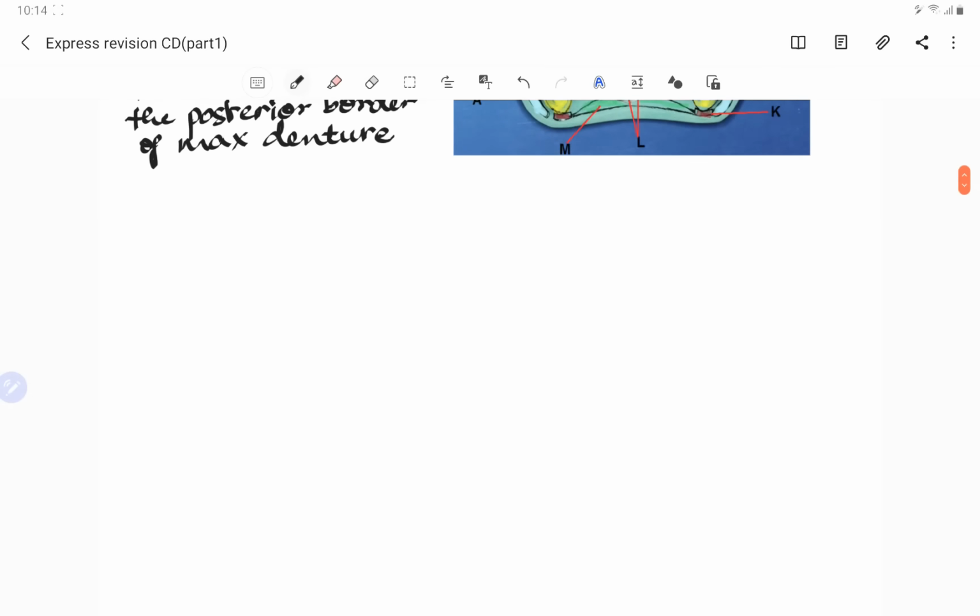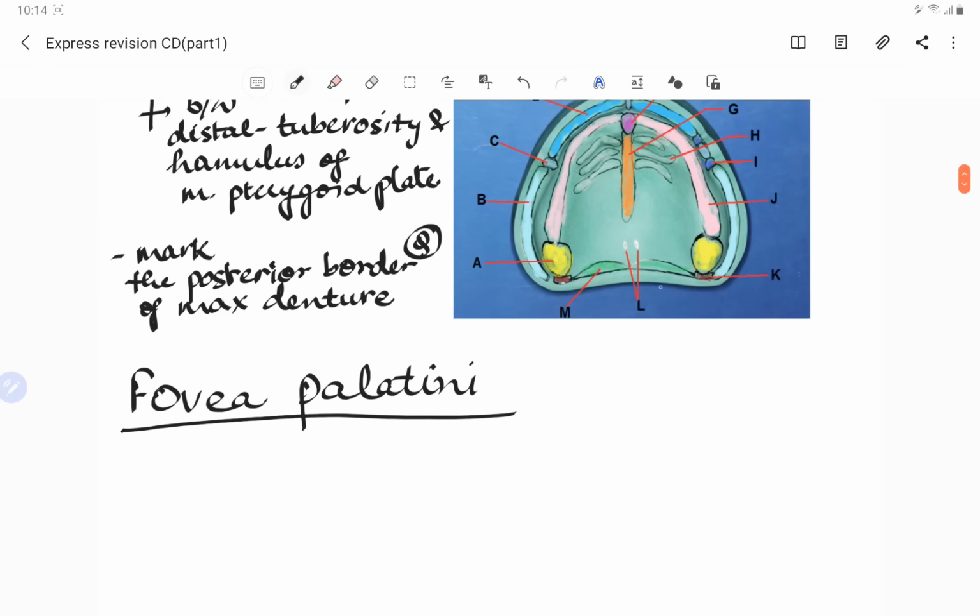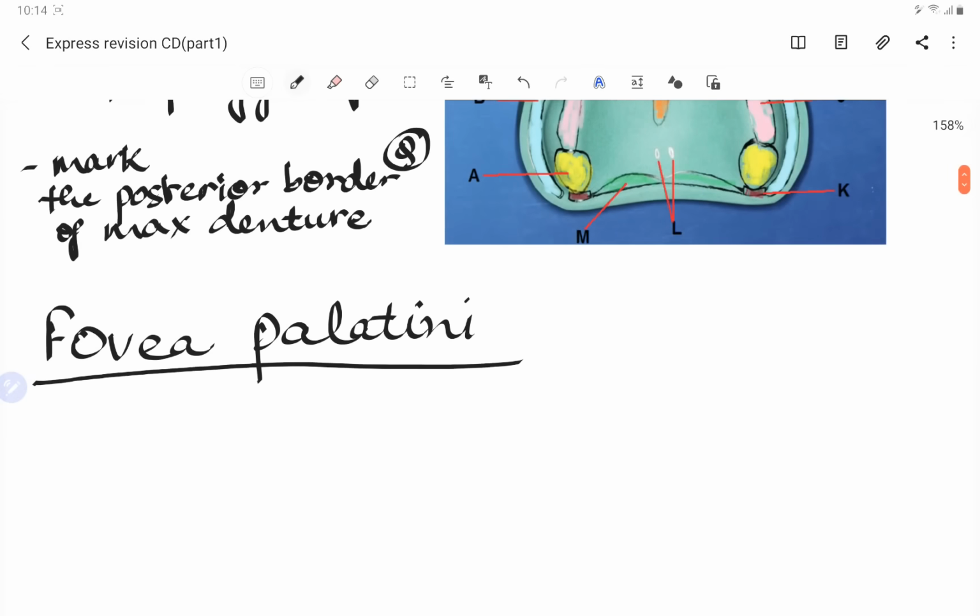Next one we have is the fovea palatini. Fovea palatini are marked as L, these two white dots. So in the palate there are two mucosal gland openings.